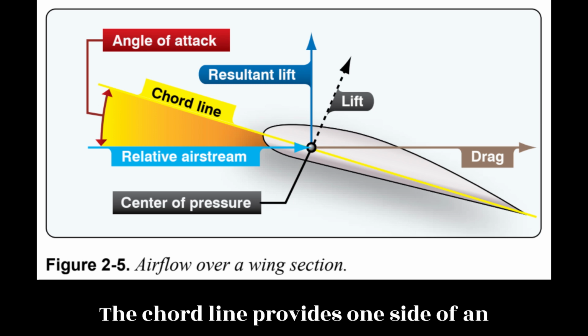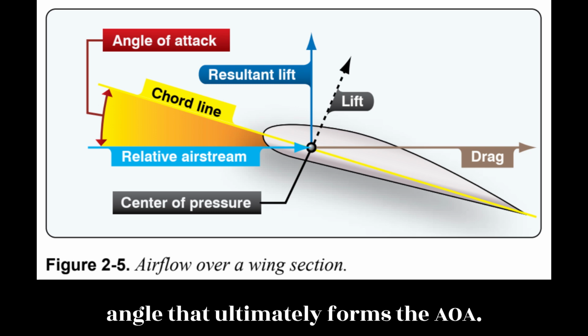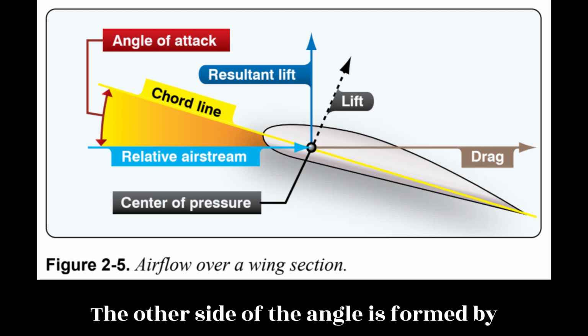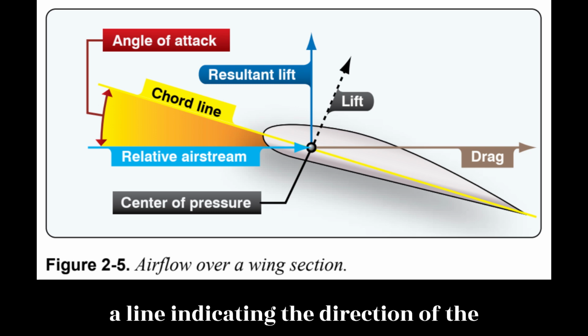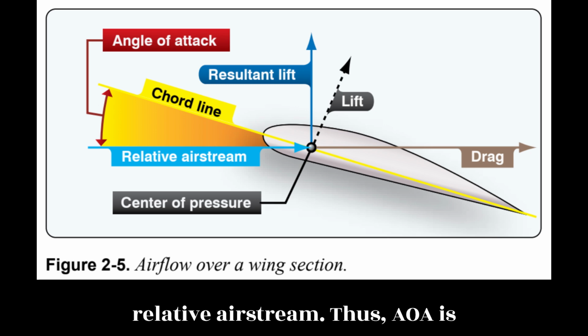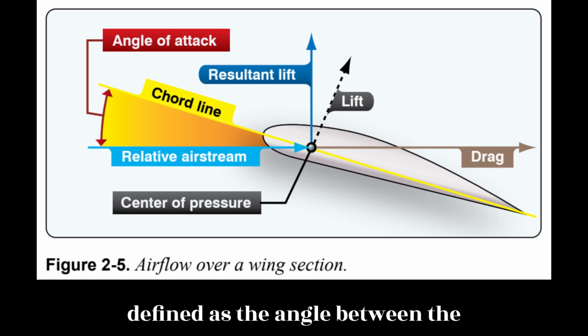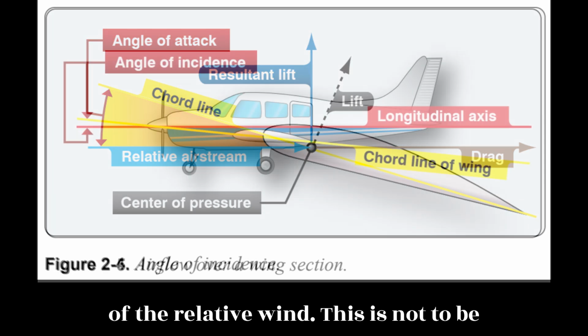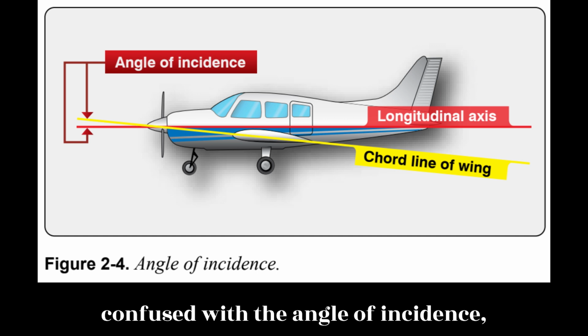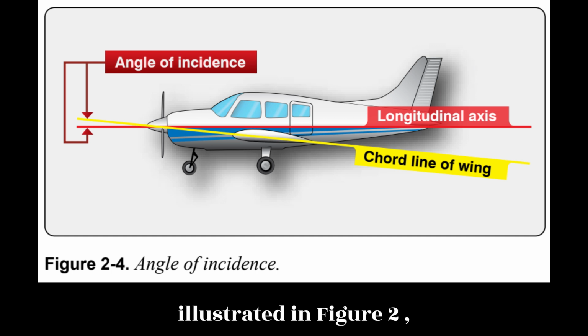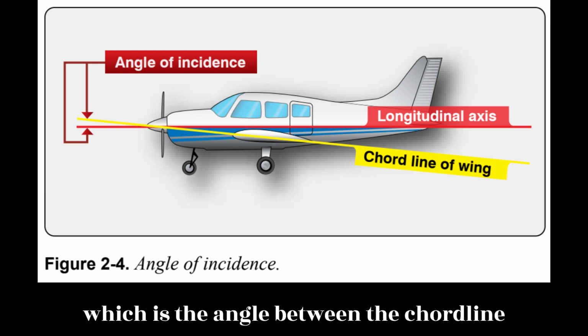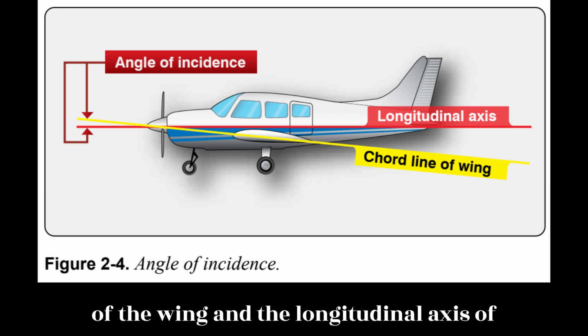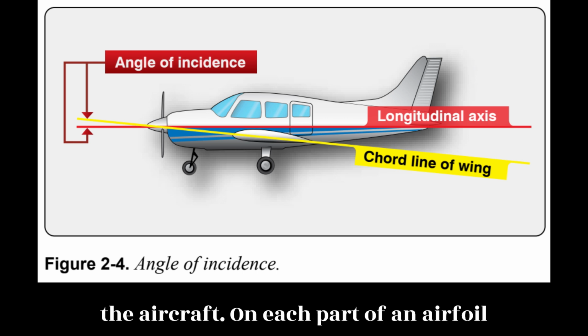The chord line provides one side of an angle that ultimately forms the AOA. The other side of the angle is formed by a line indicating the direction of the relative airstream. Thus, AOA is defined as the angle between the chord line of the wing and the direction of the relative wind. This is not to be confused with the angle of incidence, illustrated in Figure 2.4, which is the angle between the chord line of the wing and the longitudinal axis of the aircraft.